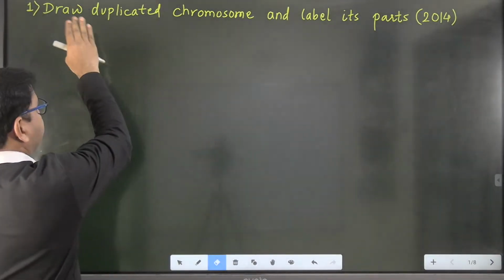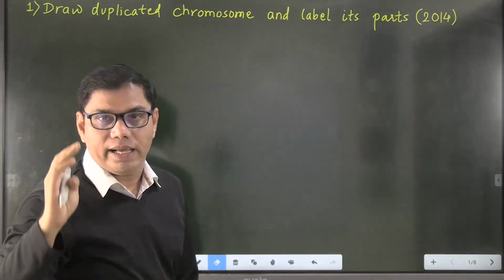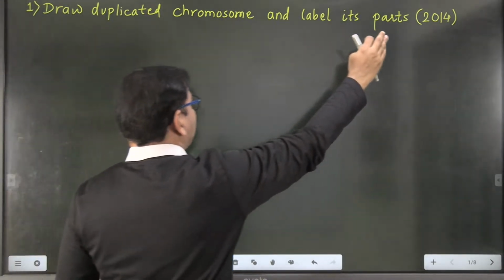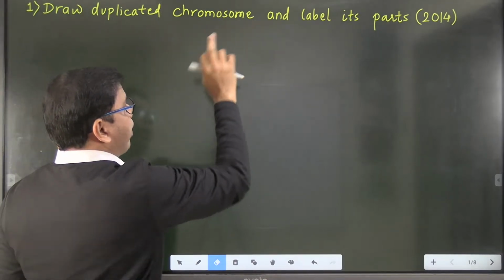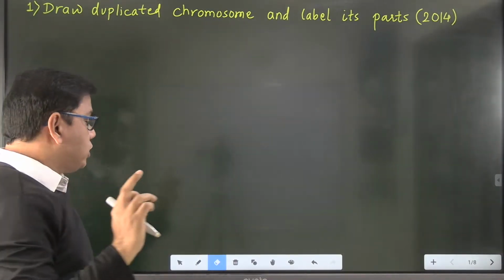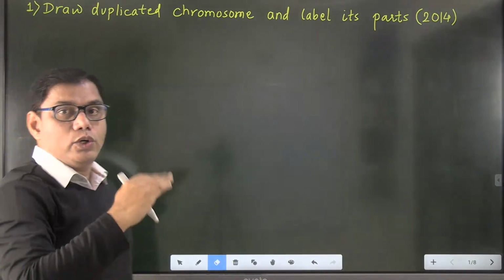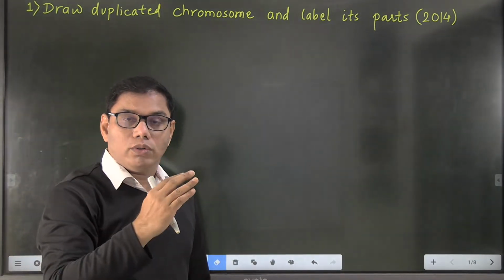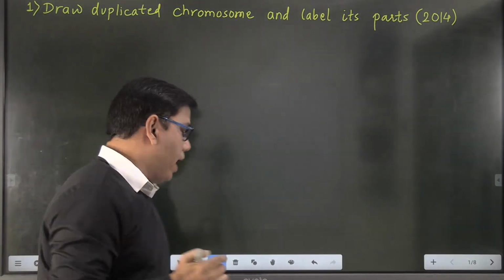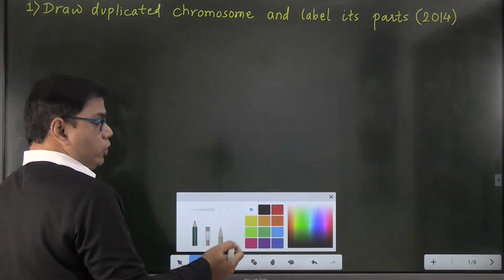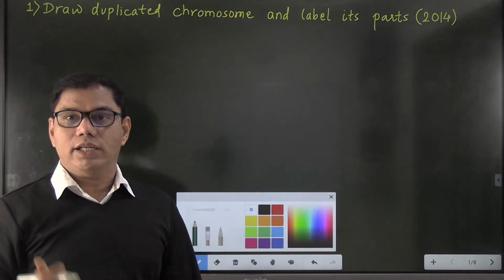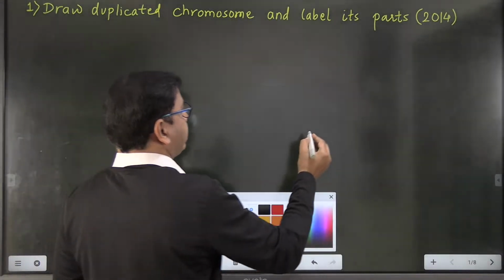Now, this was the exact wording which was used in 2014: Draw a duplicated chromosome and label its parts. What is a duplicated chromosome? A duplicated chromosome means a chromosome with sister chromatids. How do we draw it? This is one of the easiest diagrams. You can celebrate in the examination hall right then and there if you get this diagram.